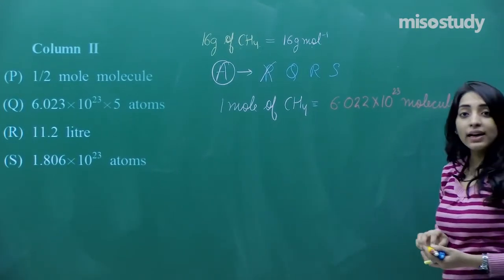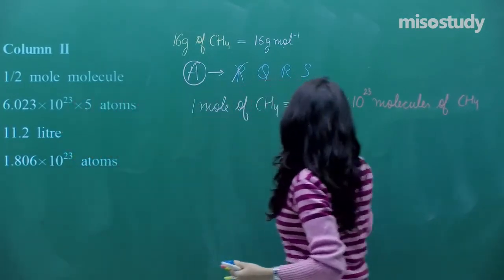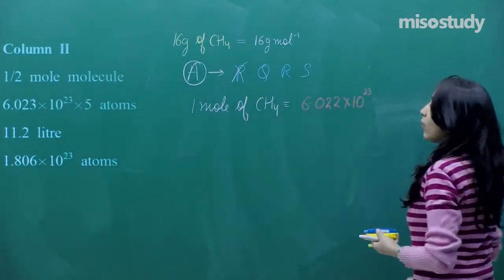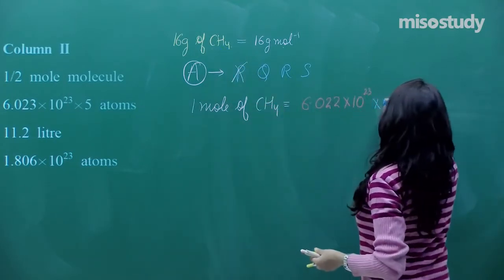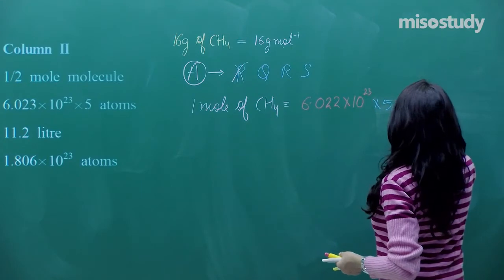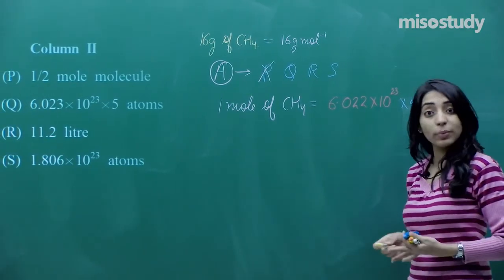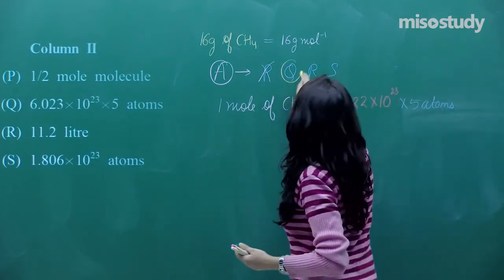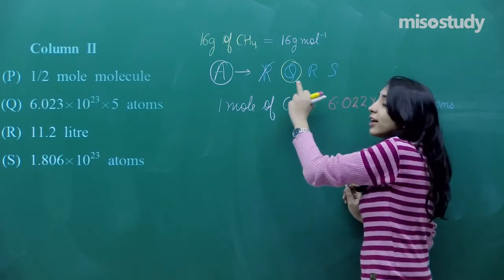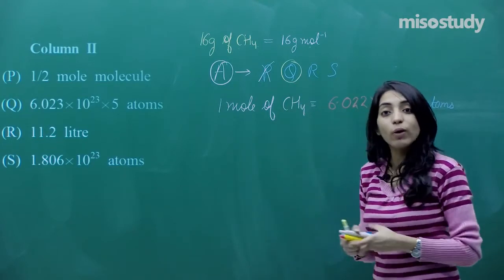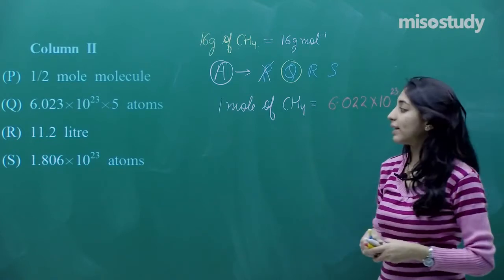Am I right? And guys, if I simply write 1 molecule of CH4 will have how many atoms? 4 plus 1, 5. So don't you think it satisfied 6.022 into 10 raised to the power 23 into 5? So Q is the correct option, right? Now don't be satisfied that, oh wow, I got the answer as Q, so I should not move on to R and S. I told you it's your duty to move to R and S.